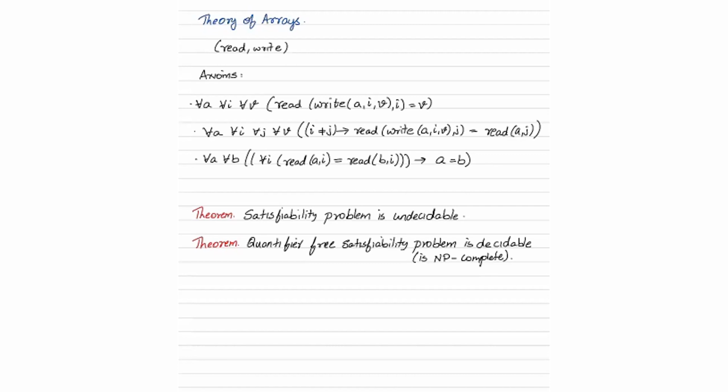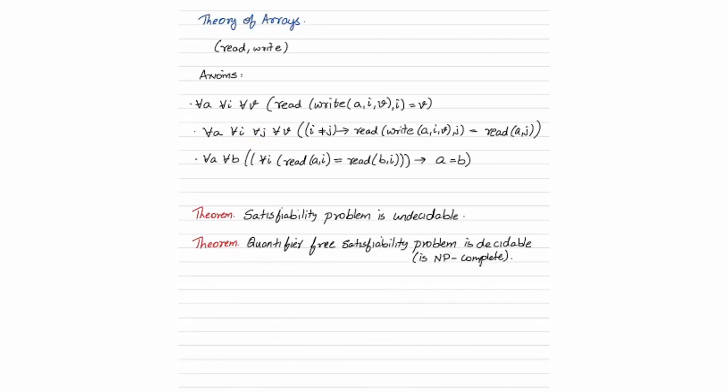Yes, you are, sir. Sir, can you please re-explain the second axiom of the theory of arrays? Yeah, it's basically saying that if you look at two indices, so you have an array A, and you look at two indices which are different, and if you write into one index, then the value on the other index doesn't change. That's basically what it's saying.